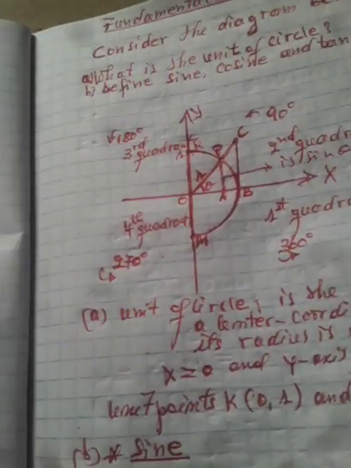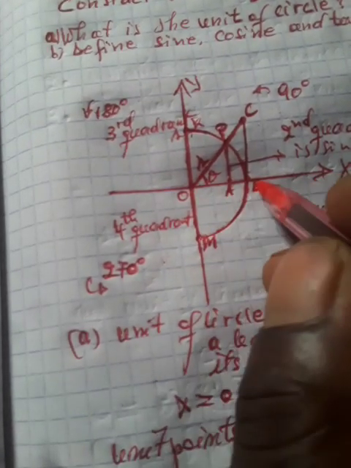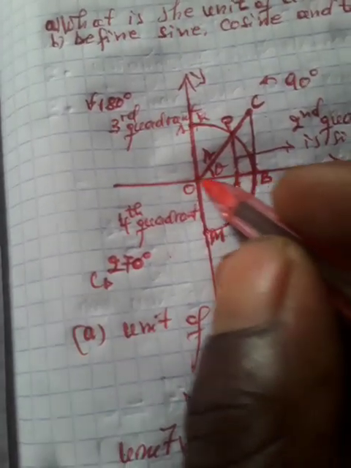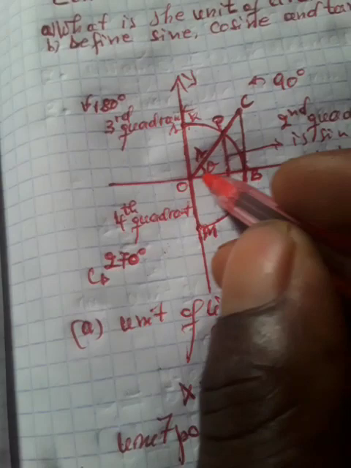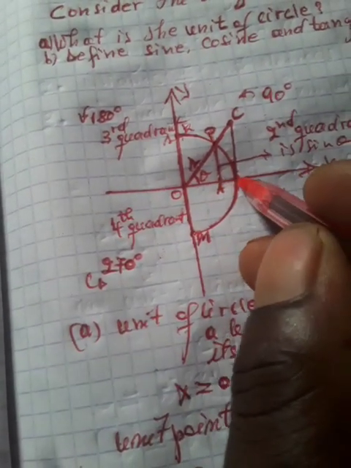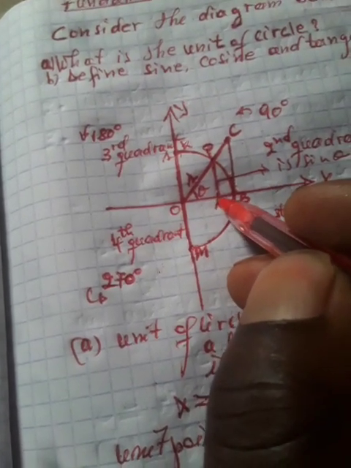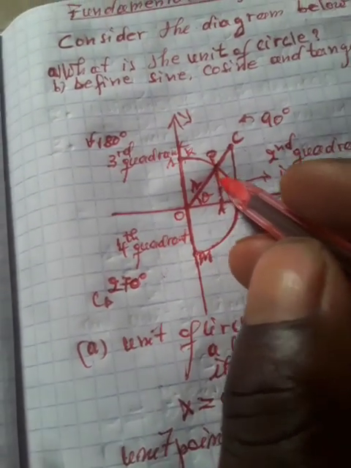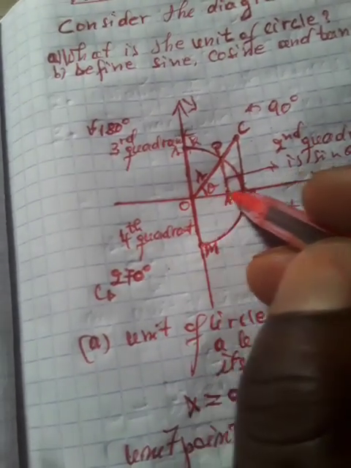If we define cosine theta, it is adjacent over hypotenuse. The adjacent side is from O up to B. You remember that for sine theta we take opposite over hypotenuse, but for cosine we take the adjacent side divided by hypotenuse.